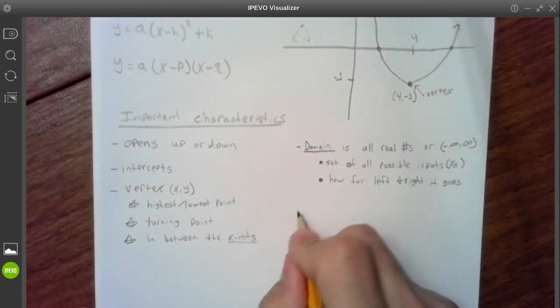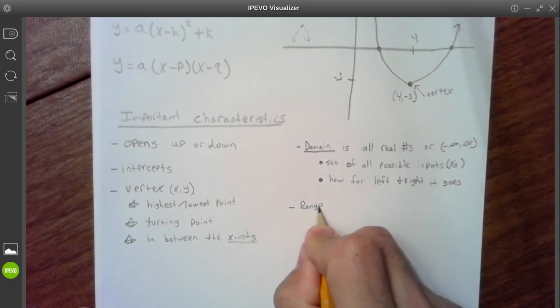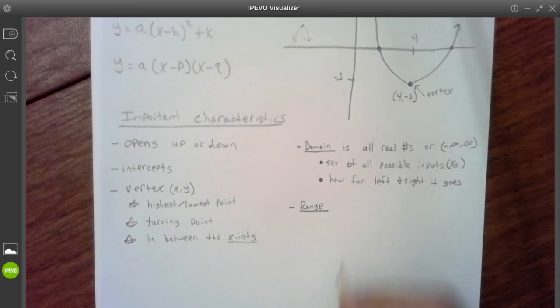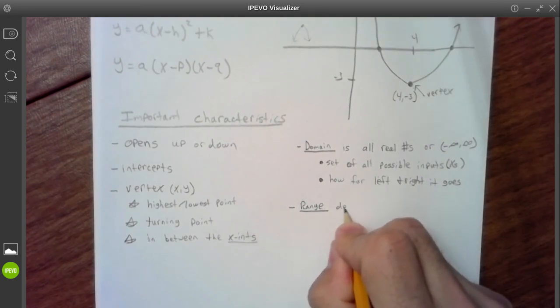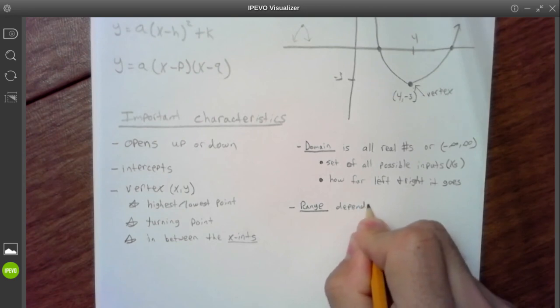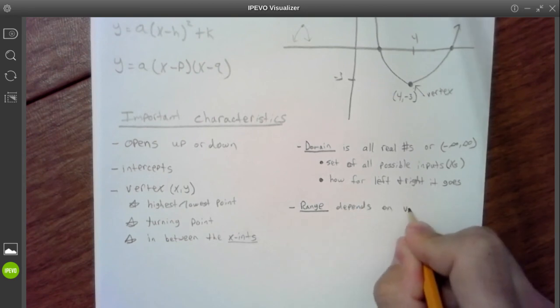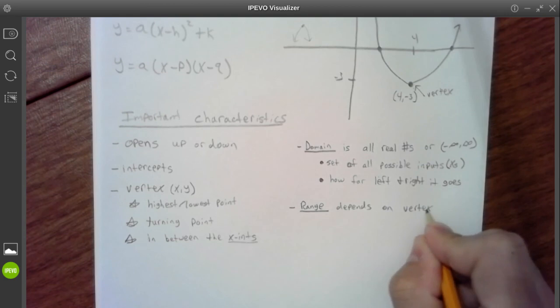You've got your domain, and you've also got your range. The range is going to depend on the vertex. It's not always the same.